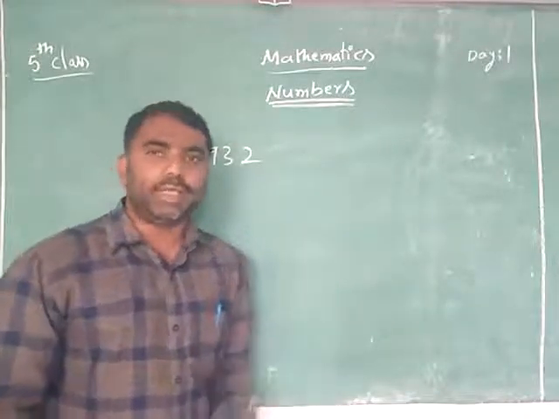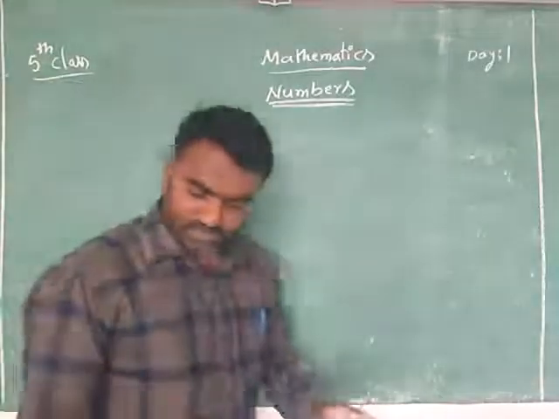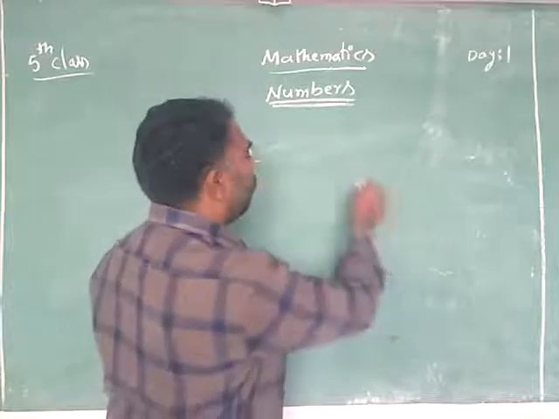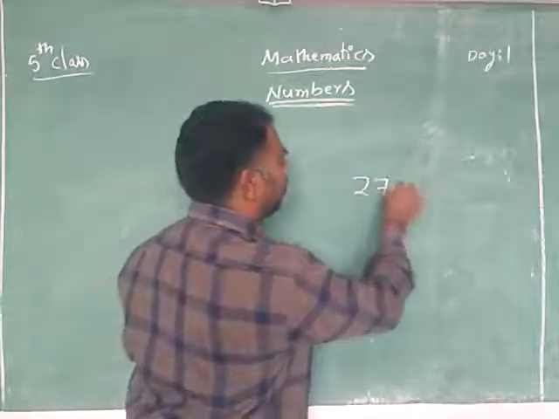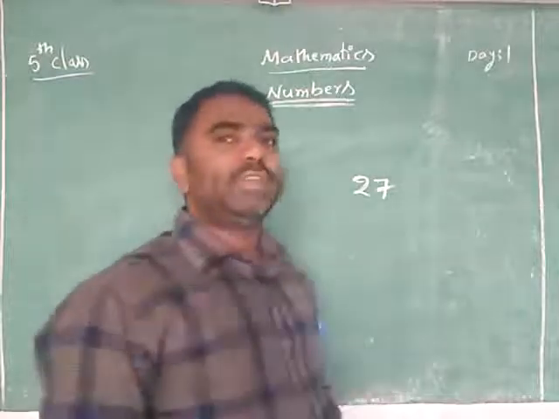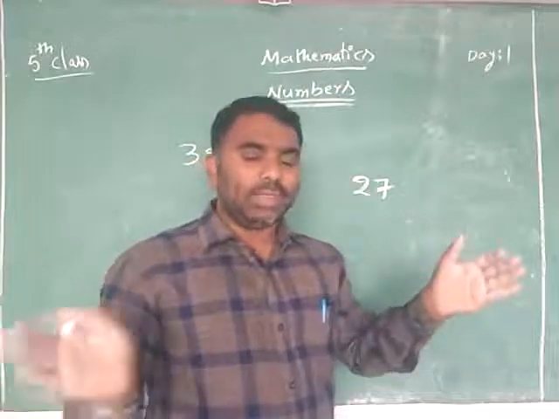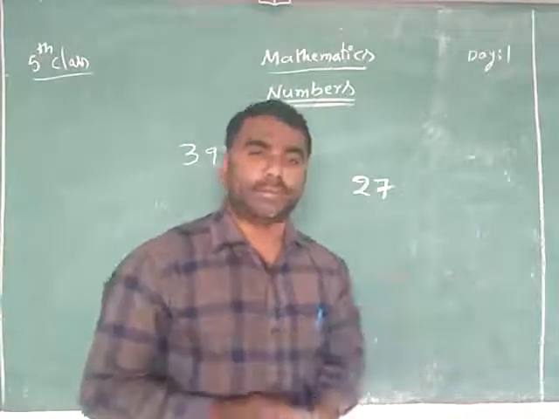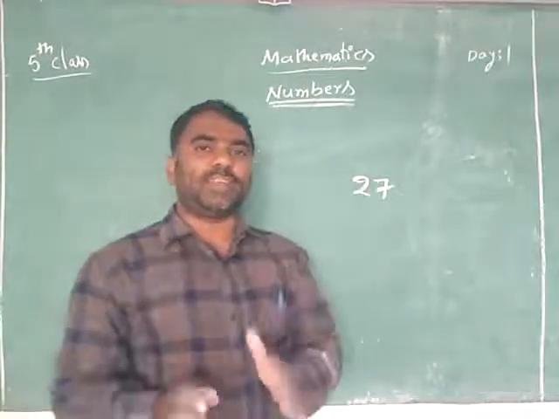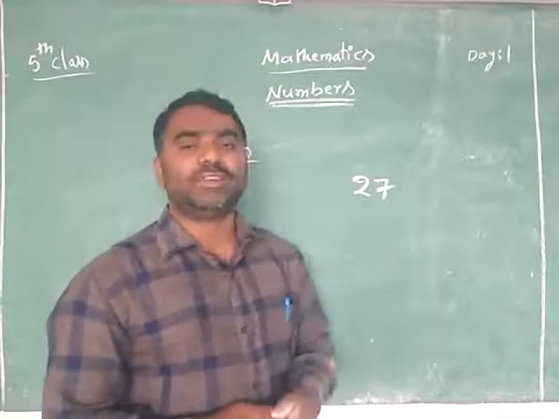It is very easy. First of all, we need to know the meaning. First of all, I want to discuss with you the meaning of 27. The meaning of 27 is 20 and 7 together are called 27. 20 chocolates and 7 chocolates are called 27.